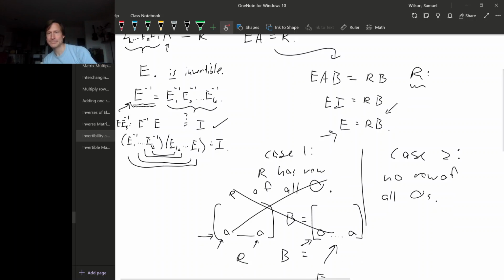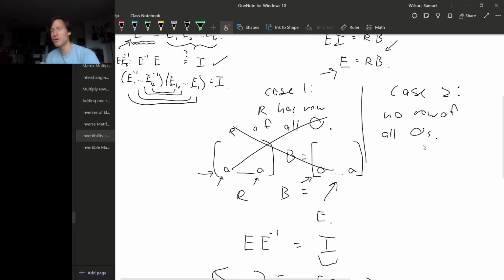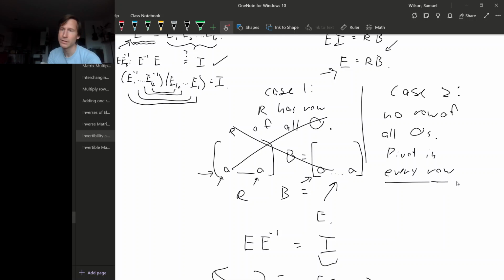So that doesn't happen. So case 2, for the reduced row echelon matrix R, is that there's no row of all zeros. Okay. Well, if there's no row of all zeros, then that means that there must be a pivot in every row. Right.